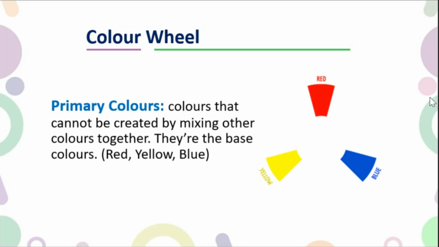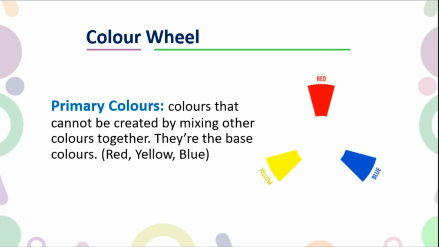And when we talk about the primary colors, they are the three main colors, the three basic colors. And those are the colors that you can't obtain from mixing any other colors. So when we talk about primary colors, we can mention red, yellow, and blue. So these are the basic colors.